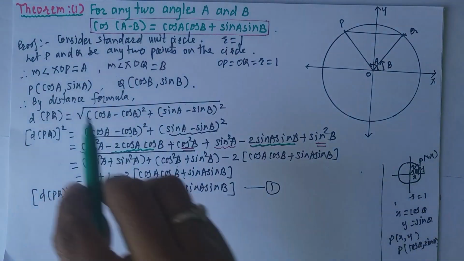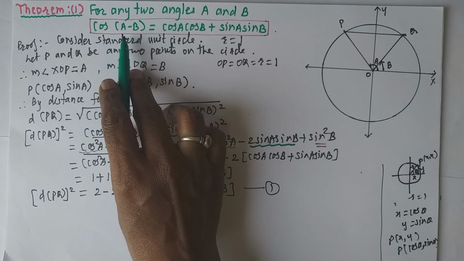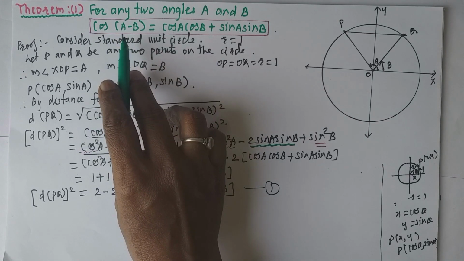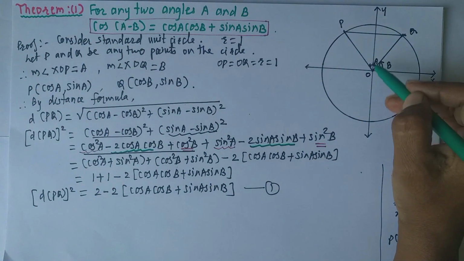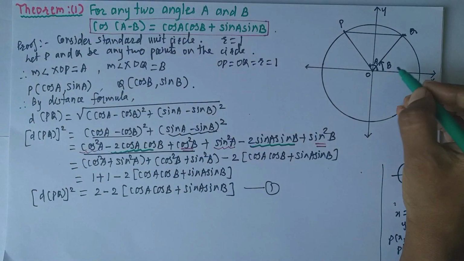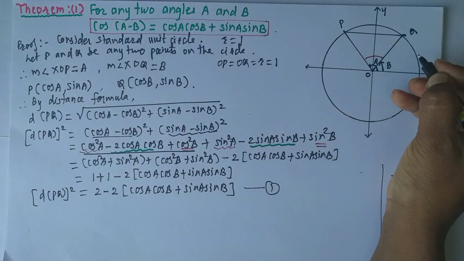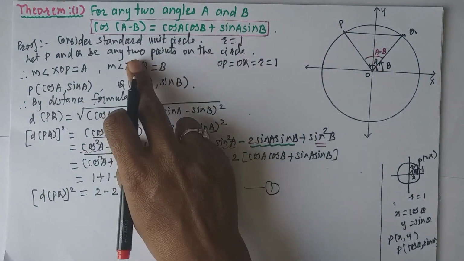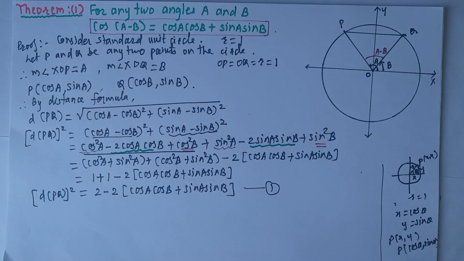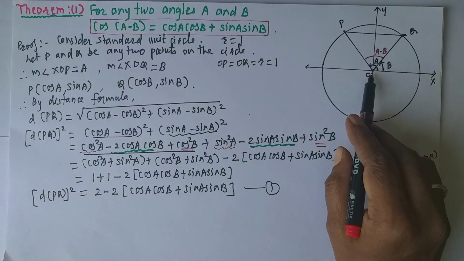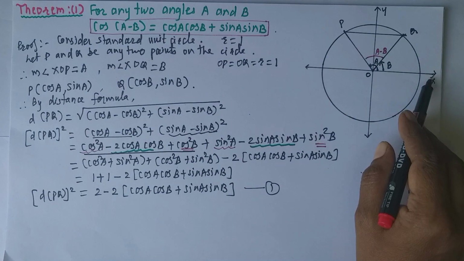But see, in the formula, we need the angle A minus B. And what is the angle A minus B? See here, this XOP is A, XOQ is B, this angle is B, this angle is A, means this angle is A minus B. And in the formula, we need the angle A minus B. Now, OP makes angle A with positive direction of x-axis, OQ makes angle B with positive direction of x-axis.